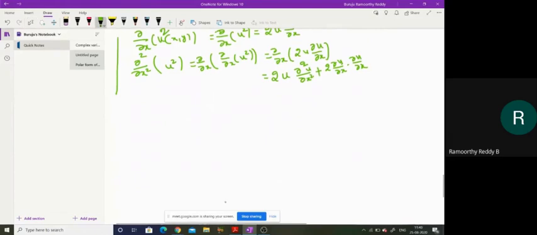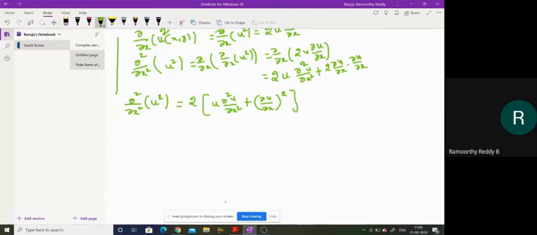So that means we write this as ∂²/∂x² of u², which is equal to 2 [u ∂²u/∂x² + (∂u/∂x)²], taking 2 common.